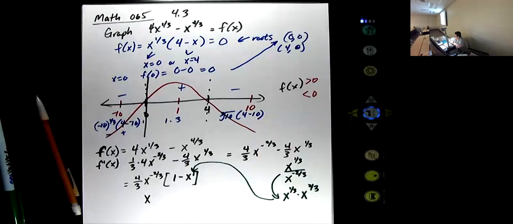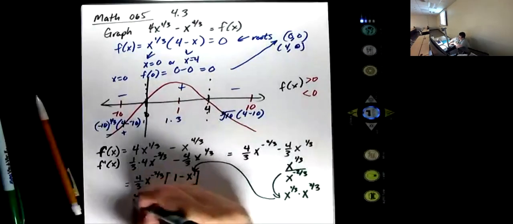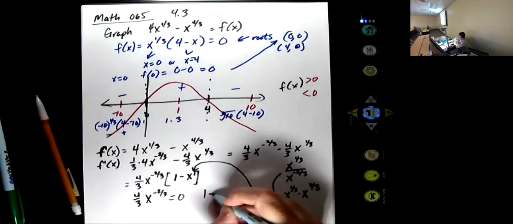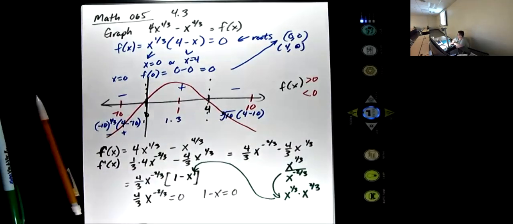We've got 2 critical points, but not both of them are zeros. No. It's worth a try. If you're not sure, set them both equal to 0.